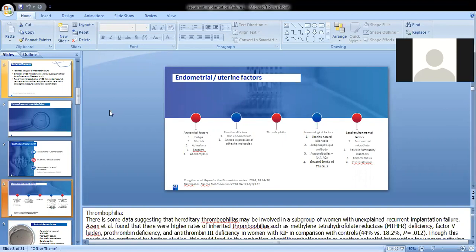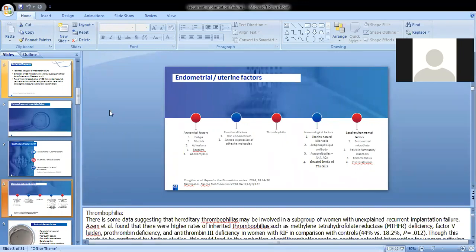You have to understand that this is one of the immunological mechanisms for early pregnancy loss or implantation failure. In the endometrium, usually during implantation, Th2, meaning T helper cell subtype 2, are usually at elevated levels than Th1 cells. But in this group of patients, there may be elevated levels of Th1 cells, which may lead to recurrent implantation failure.